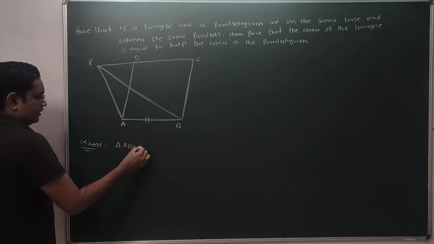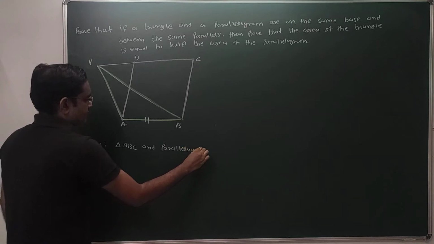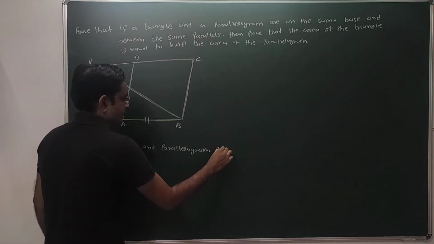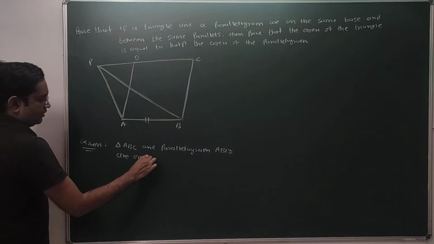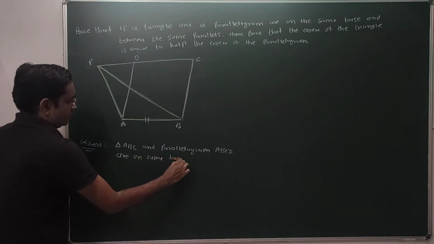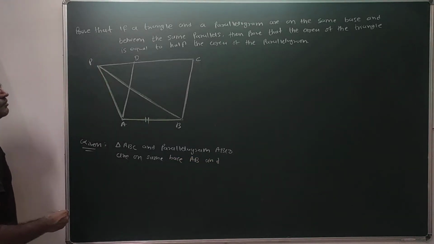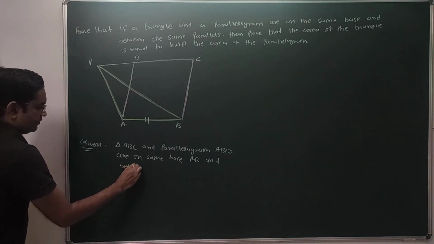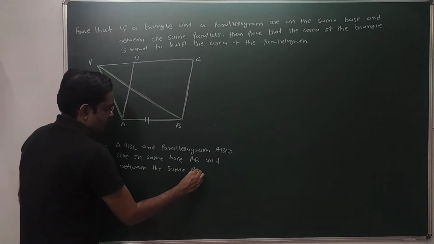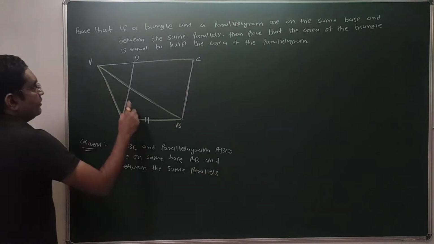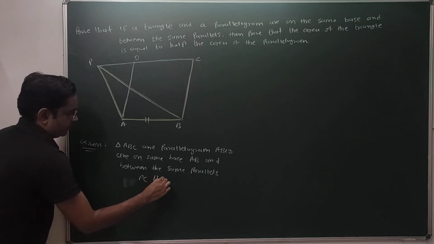Triangle ABC and parallelogram ABCD are on the same base AB and between the same parallels, PC parallel to AB.